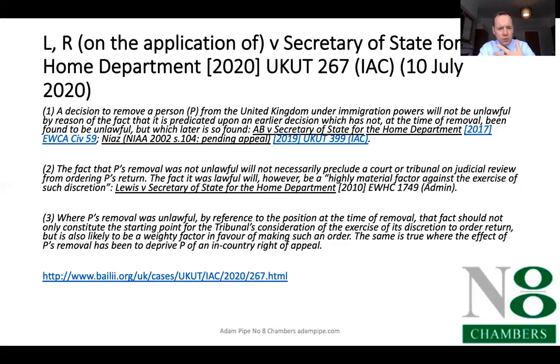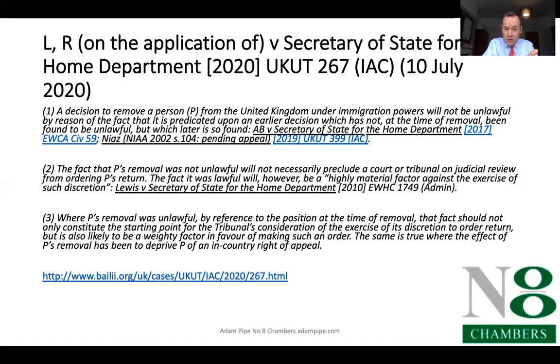So if you remove somebody and there's been a decision that later after removal is found unlawful, that means the removal wasn't unlawful. But the fact that the removal was not unlawful will not necessarily preclude a court or tribunal on JR from ordering P's return. But the fact it was a lawful removal is a highly material factor in the exercise of discretion.